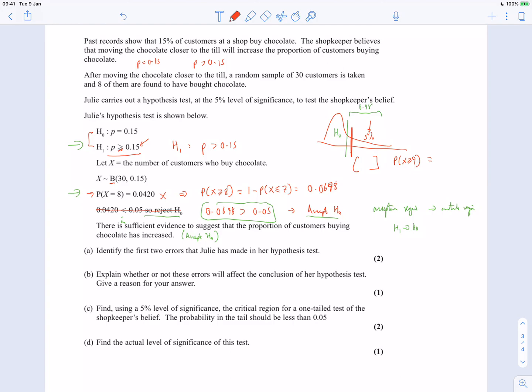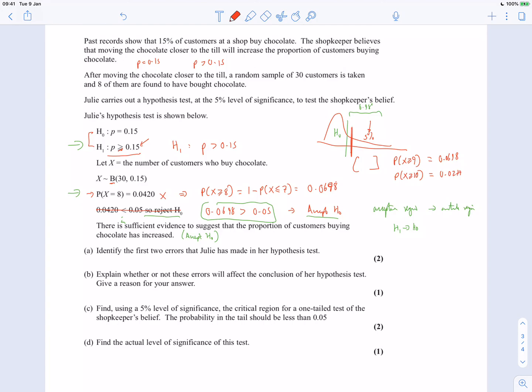So that was, as I said, 0.0698. If I try it with 9 though, this time, this is 0.0277.